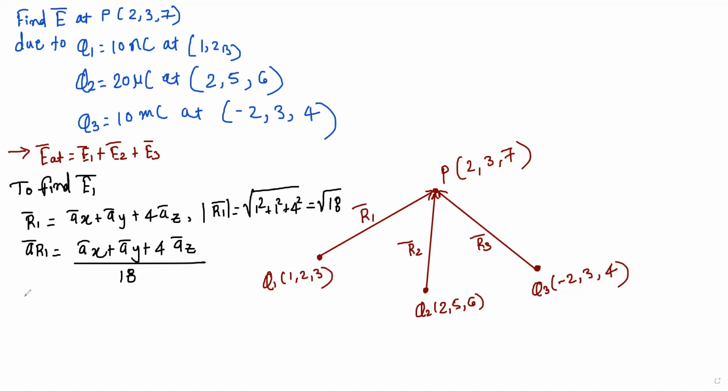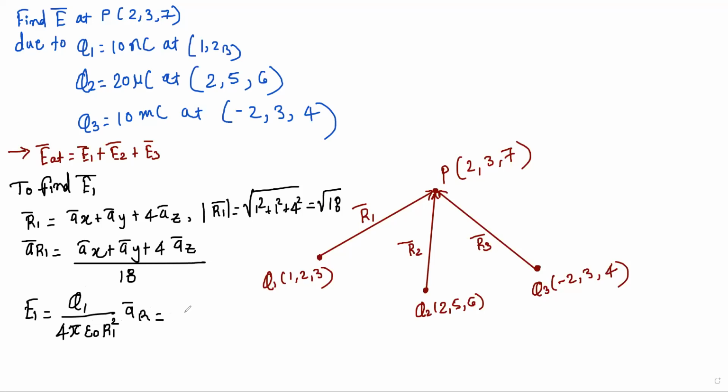Right. So you can use the formula for E1. It is equal to Q1 upon 4 pi epsilon naught R1 square A bar R1.